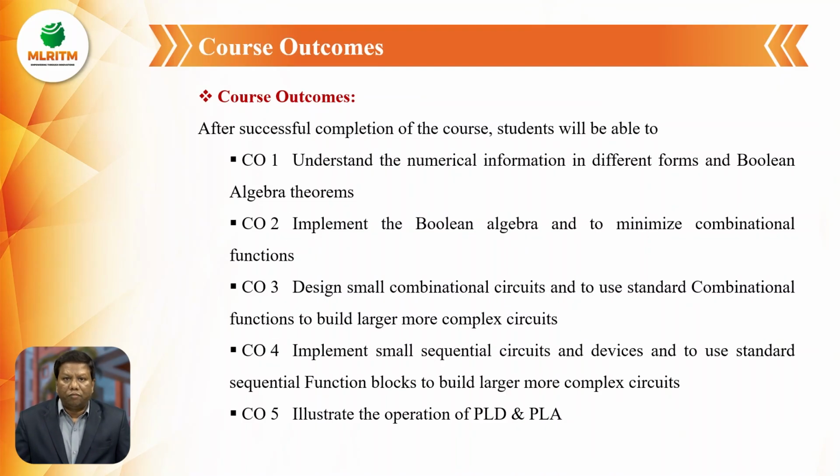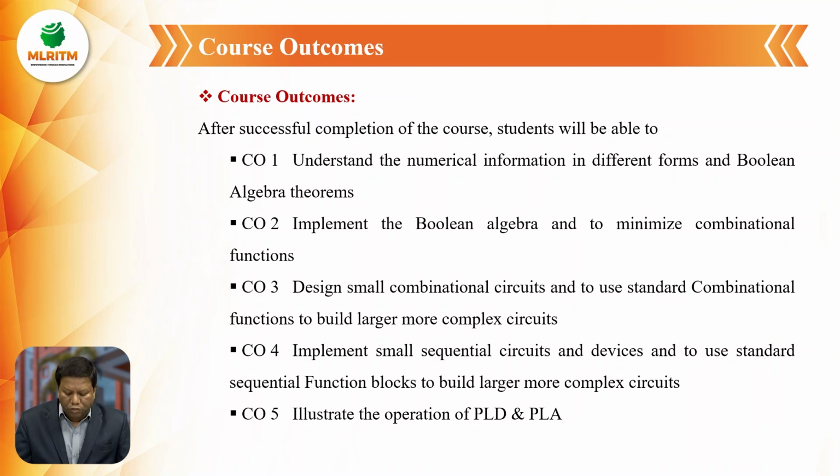Course outcomes of digital electronics: after the completion of the course, students are able to learn: CO1, understand numerical information in different digital forms and Boolean algebra theorems. CO2, implement Boolean algebra and minimize combinational functions.